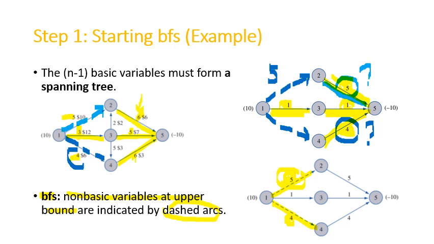And then what about the others? x32 is also a non-basic variable because x32 equals 0. x34 is also a non-basic variable because you're sending nothing from 3 to 4. So x34 is at the lower bound of the arc from 3 to 4. That's why x32 is a non-basic variable, and x34 is also a non-basic variable.